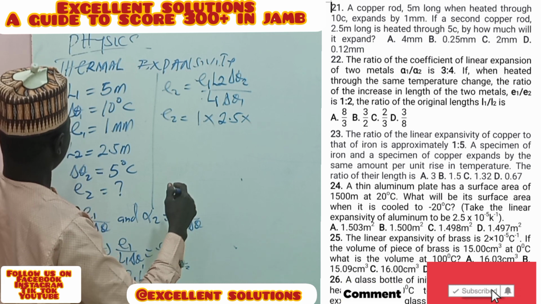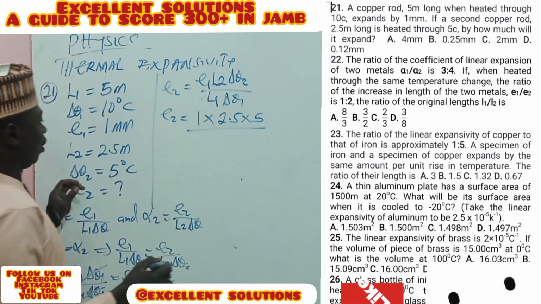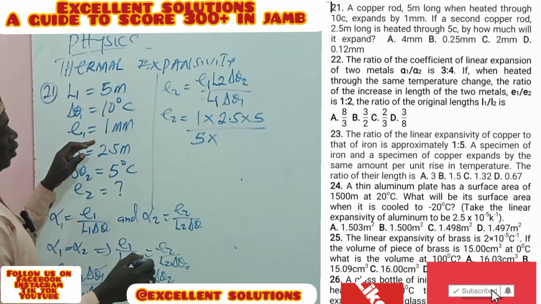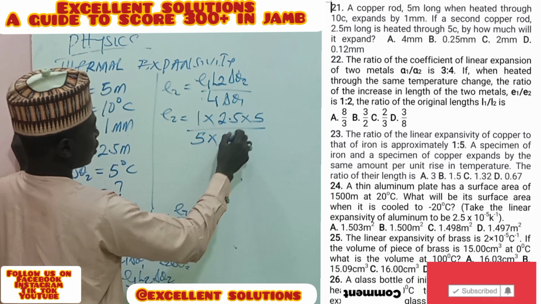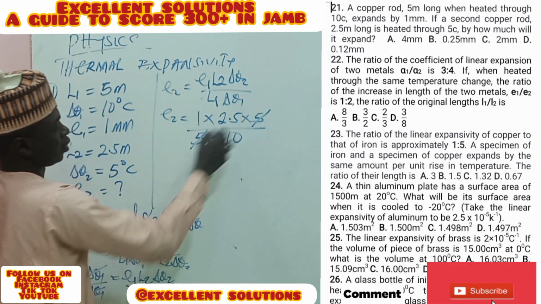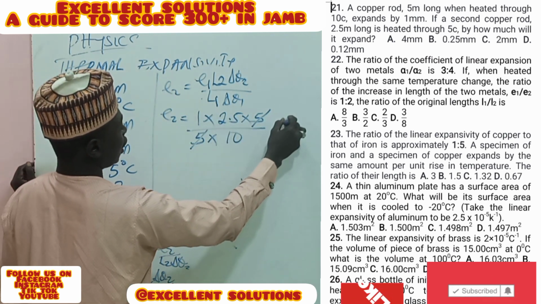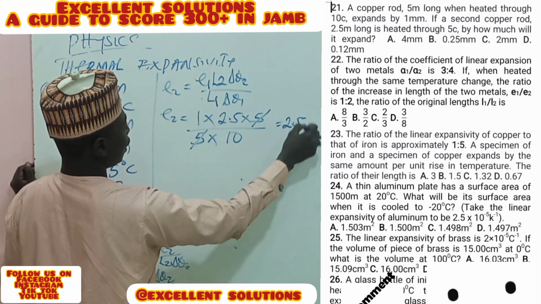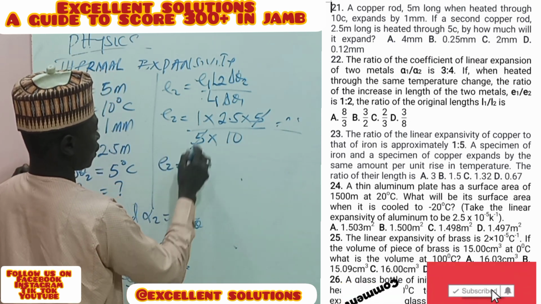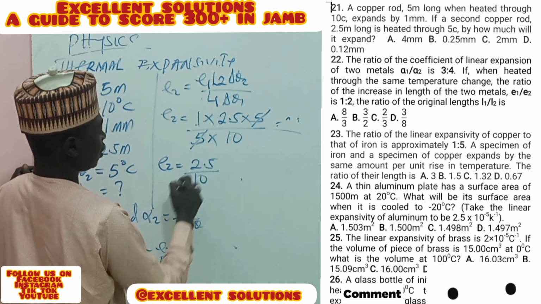Delta theta 2 is 5, divided by our L1 which is 5, times our delta theta 1 which is 10. So if we look here, 5 cancels 5, and we now have E2 equals 2.5 divided by 10.